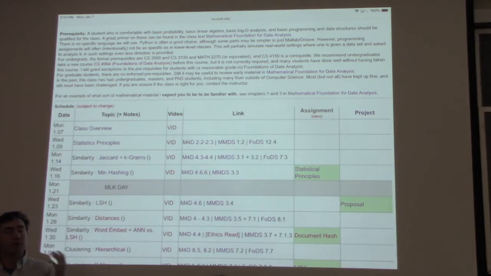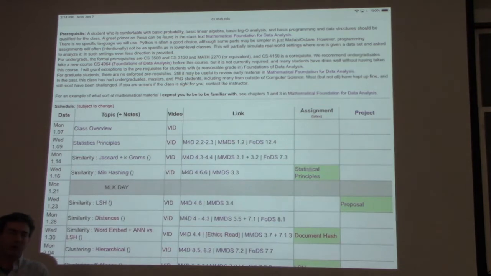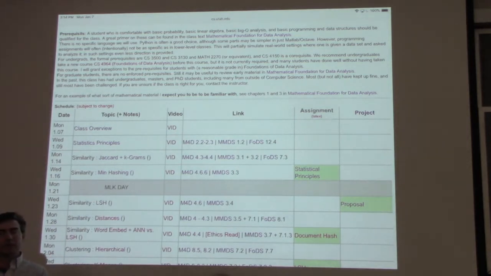Okay, and you can use any language you want to do that in. Often the more powerful languages are going to be easier to do it with, right? So your C++, Java, and especially Python makes these things especially easy. Students have gotten by just using R, but this is more rare.